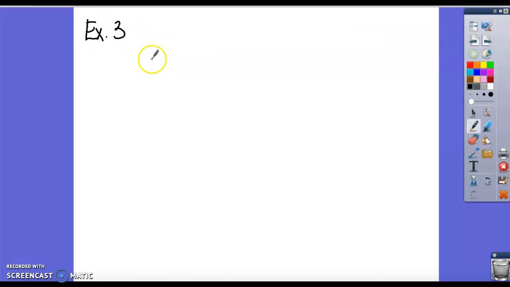Okay, let's look at one that's not in the first quadrant. Same directions basically.